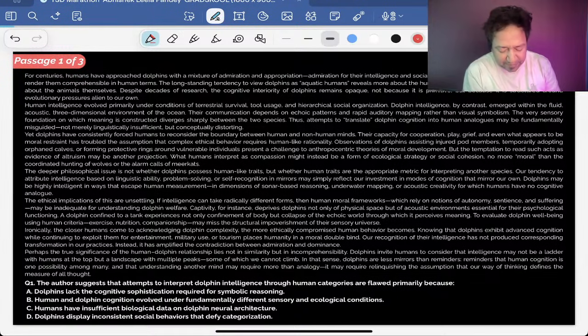The author suggests that attempts to interpret dolphin intelligence through human categories are flawed primarily because we... We have four options here.